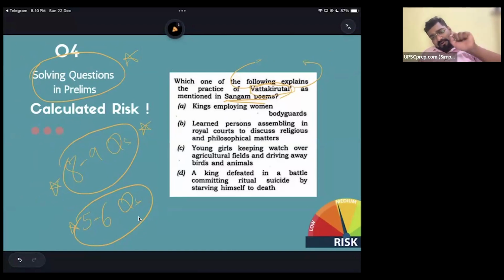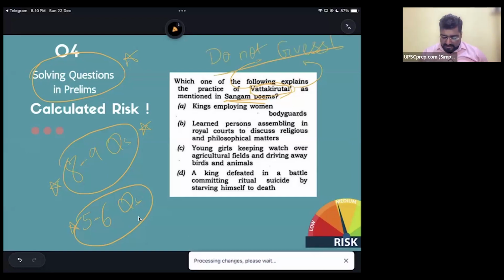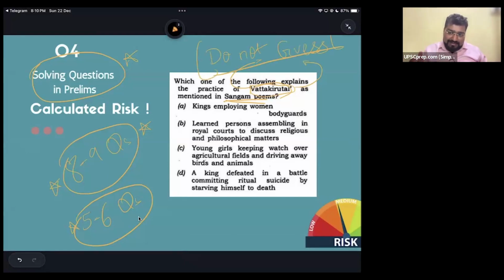If you are able to solve it, then only solve it. Do not guess such kind of questions. If you know, you know. If you don't, avoid those questions. We need not solve all the 100 questions in prelims. Our aim should be to solve 85 questions, 85 being the comfort zone where students are getting.